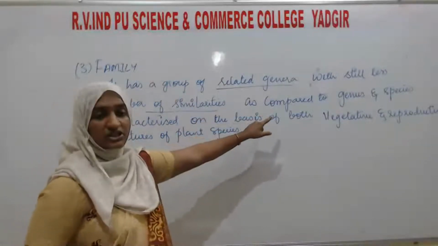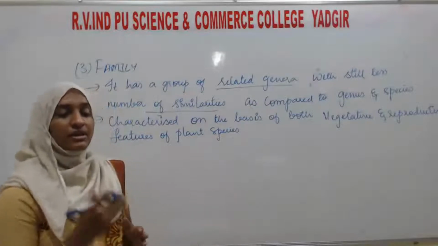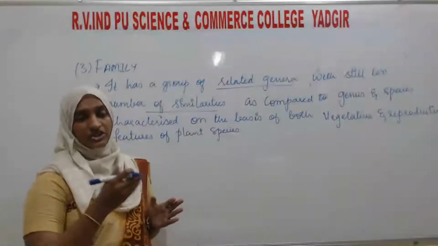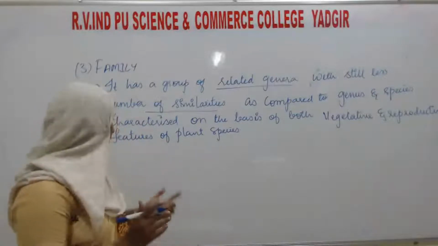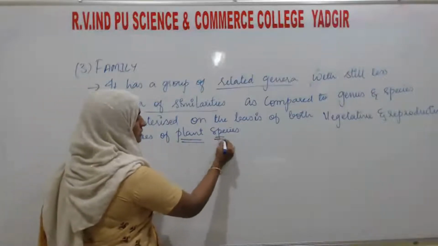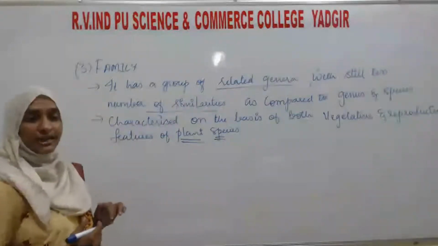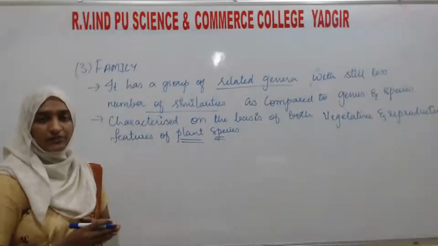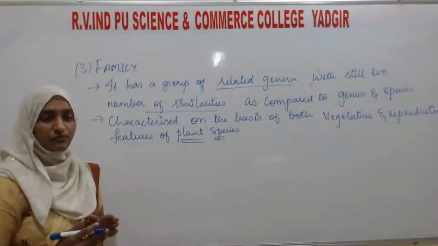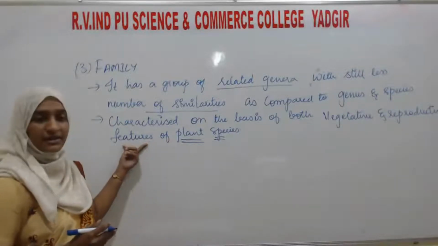So, as compared to the genus and species, the family is categorized on still fewer characters. And especially among the plant species, the family has been categorized based on the vegetative and reproductive, that is the growth and the reproductive phase.